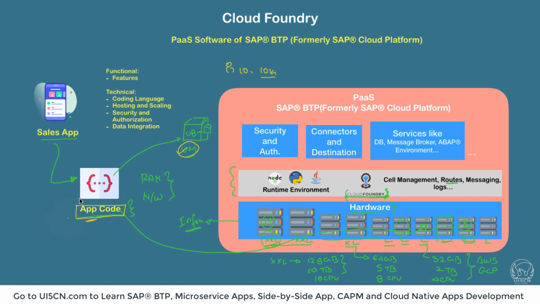For example, suddenly if my sales app is a hit and everyone in my organization is using the sales app, then I can easily add extra resources to it and maybe add extra RAM to it, or I can basically create the same app in 3 different machines or different cells. So that will be basically the horizontal scaling, and increasing the RAM size and increasing the CPU size will be your vertical scaling.